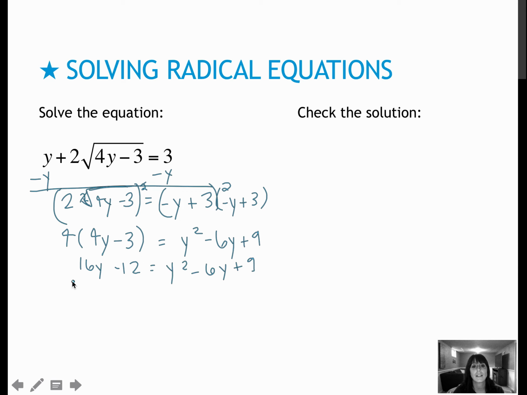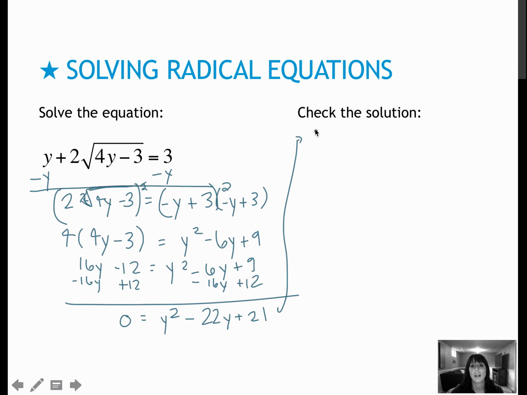I'm going to subtract the 16y from each side. I'm going to add the 12 to each side and see what I have left. That leaves me with 0 equals y squared minus 22y plus 21. Again, I'm running out of room, so up here I go.